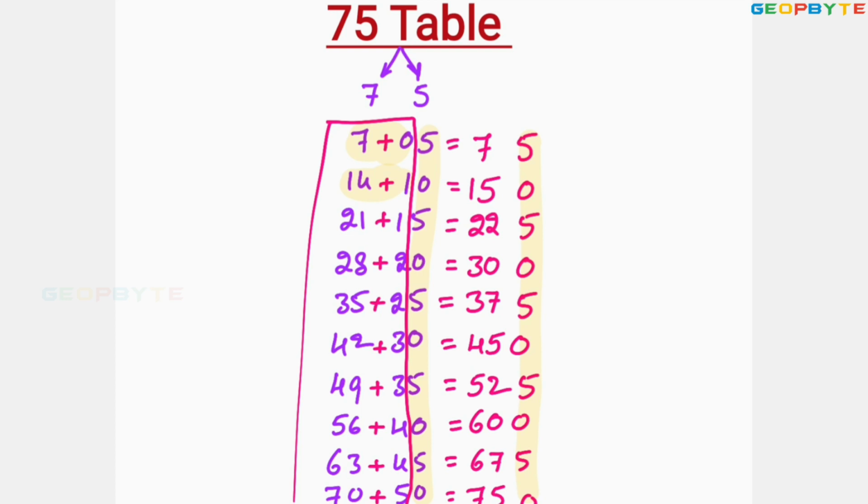So if you remember this technique, you can complete within seconds any table between 11 and 99.